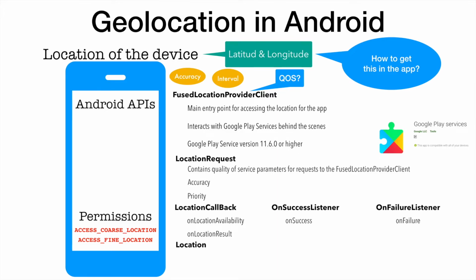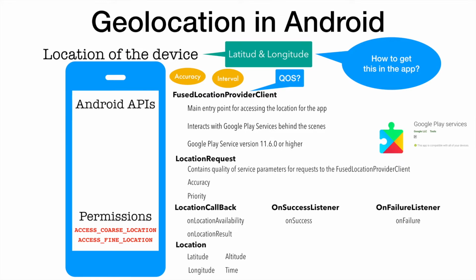It is this particular object which has latitude and longitude. Other than that, it has many other parameters like altitude and the time at which this particular location was obtained. We will explore all of these APIs and how to use them in your application to create a basic location access mechanism in our Android app.